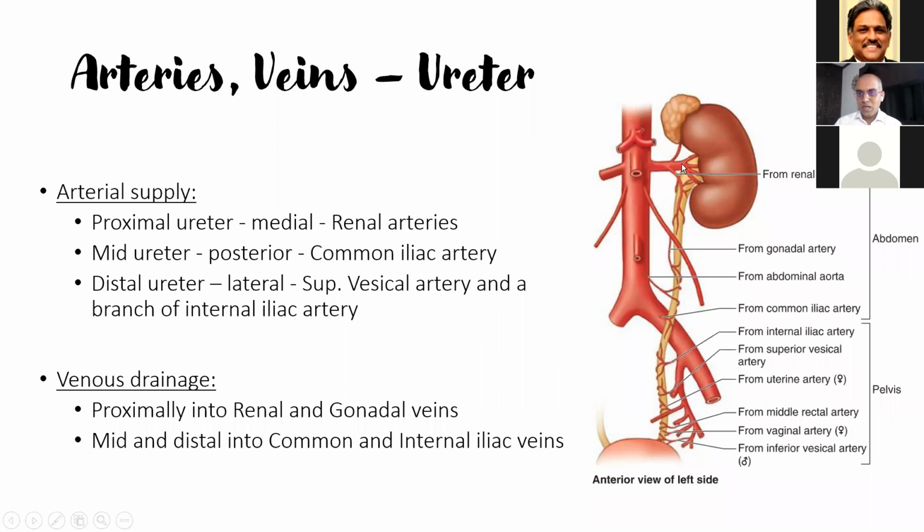Medially, you have the renal artery supplying the proximal portion, and in the posterior aspect of the mid-ureter, the common iliac vessels give branches, and in the lateral aspect of the distal ureter, the superior vesical artery, which is a branch of the internal iliac artery, gives a branch. Venous drainage corresponds to the arterial supply in the majority of cases.